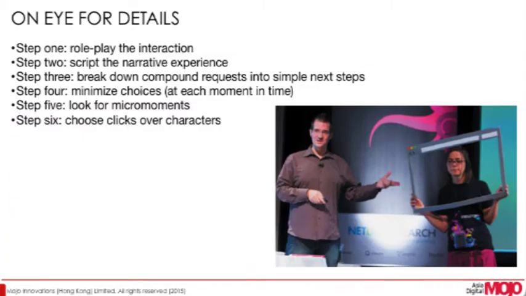here are some small steps you can follow to create playful seductive interactions. For step 1, role play the interactions. The author created a method where by acting out your system, you get real conversations between your actual user and the interface.